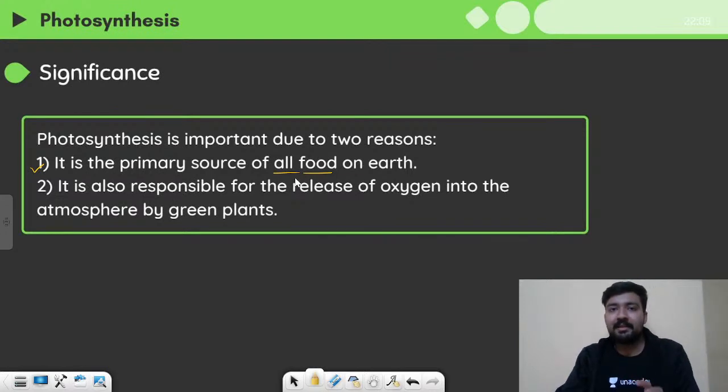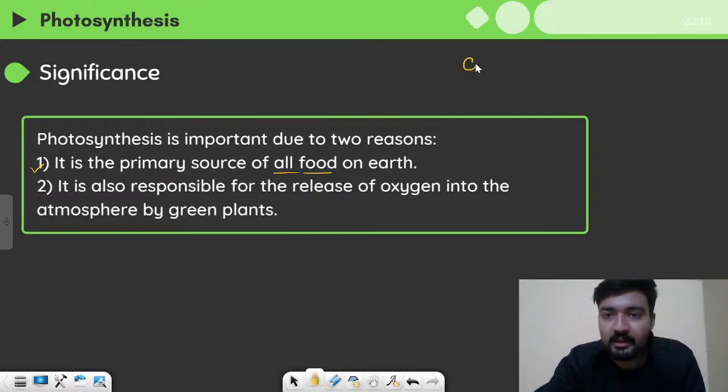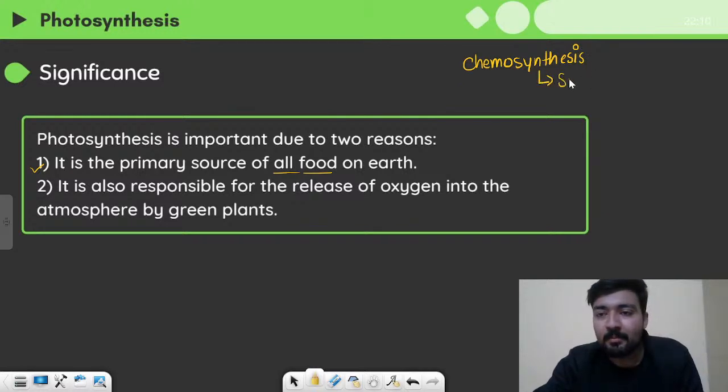Other than photosynthesis, there is only one other process which can actually capture energy or create food, which is known as chemosynthesis, right? So I should write it down. Chemosynthesis is the only other process which can capture energy in the form of food, and this is performed by some bacteria.